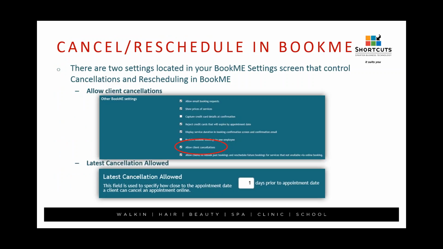Also, there's Latest Cancellation Allowed, right up at the top of your BookMe settings, where you can specify how close to the appointment they're allowed to cancel online. I know that some people have been waiting quite a while for clients to be able to do this. You do have to be on a version of our Fusion software for Shortcuts to be able to use this feature.